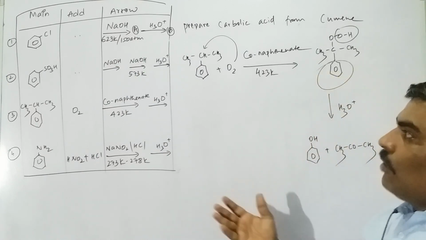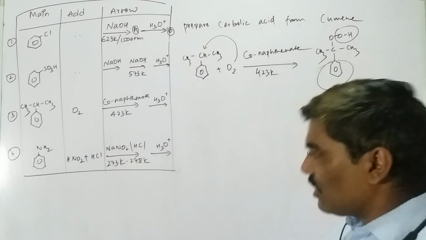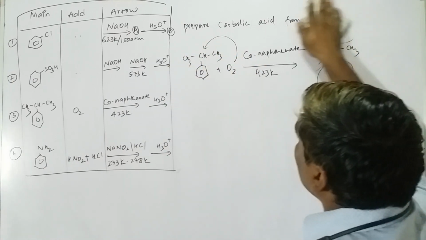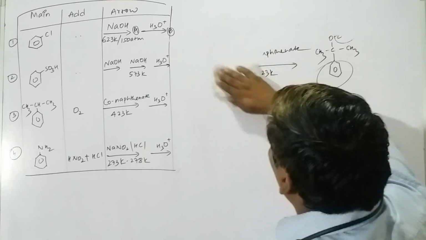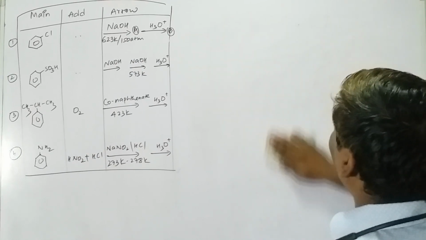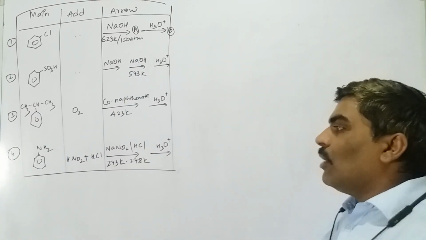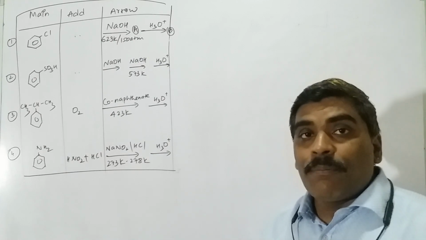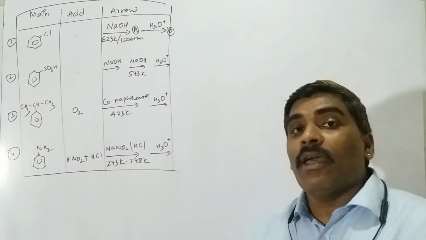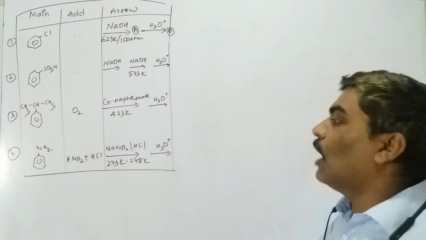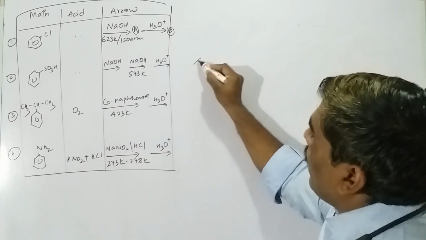Okay, so almost three methods of preparation are done. Now the last method of preparation is from aniline. So if the question is prepare phenol from aniline, how to start this? Aniline is this.